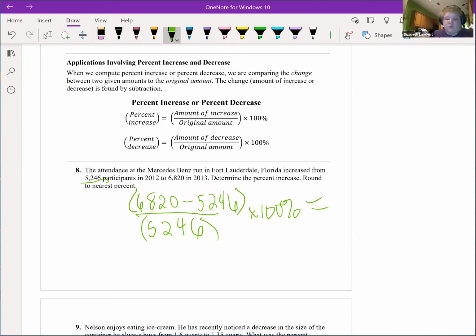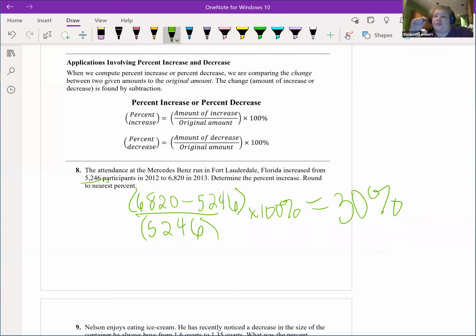The difference is 1,574, and we're going to divide that by 5,246, and then multiply that by 100. We get 30.00, and then some more numbers, but to the nearest percent, this is 30%.